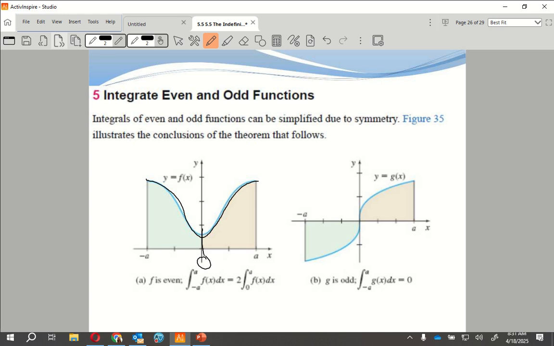Okay, what about this one? This one is not symmetrical. And can you give me a function that this could look like? Yes, you can. What are the simplest shapes? Okay, let's look at this one. What if this one is just like this?